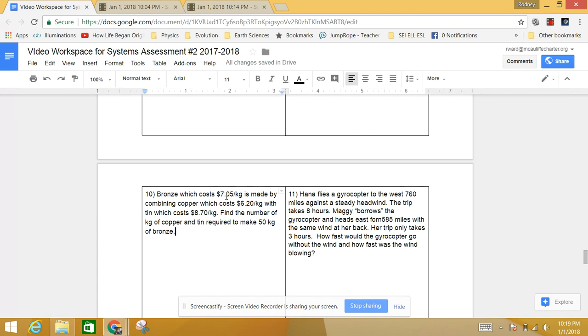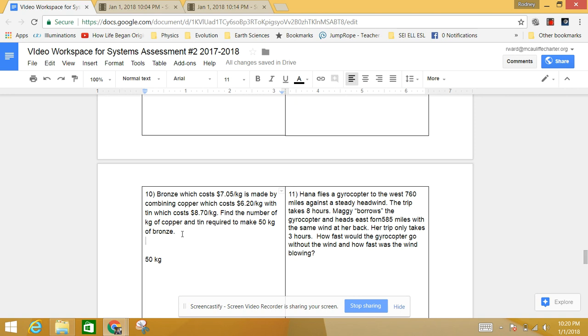The first equation I'm going to deal with is the one that shows up second in the problem. Find the number of kilograms required to make 50 kilograms of bronze. So we know there's a total number of kilograms that we're going to have, which is going to be 50 kilograms. And some of that is going to be copper, and some of it is going to be tin.